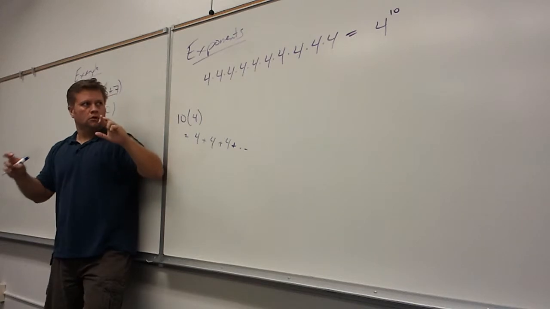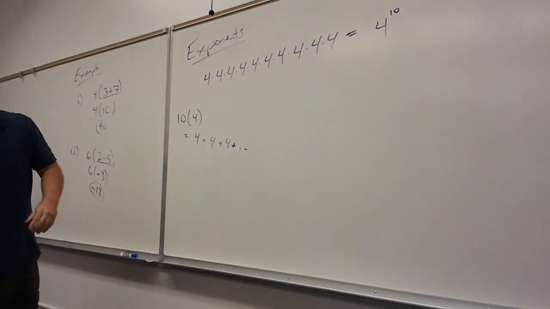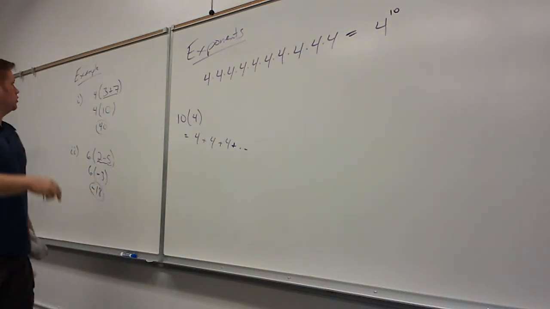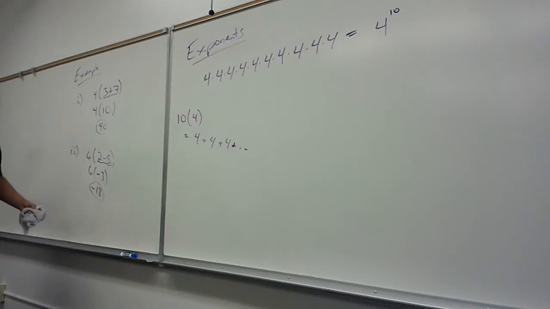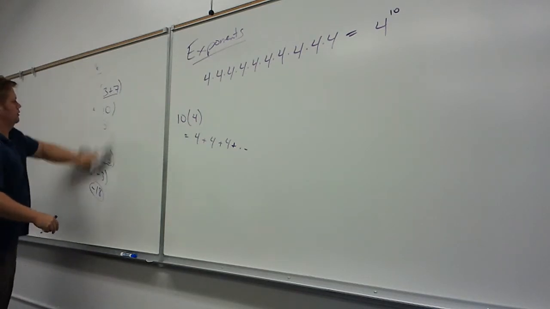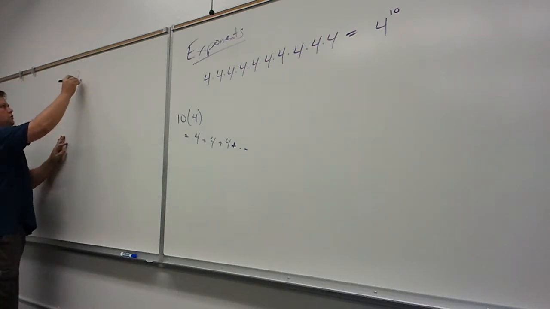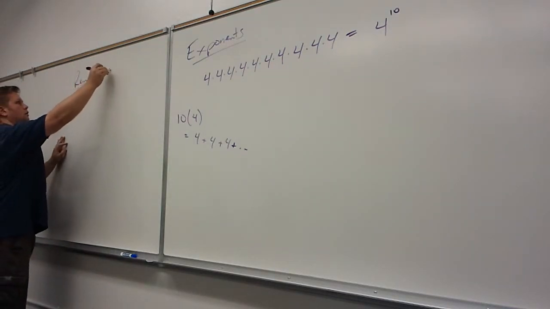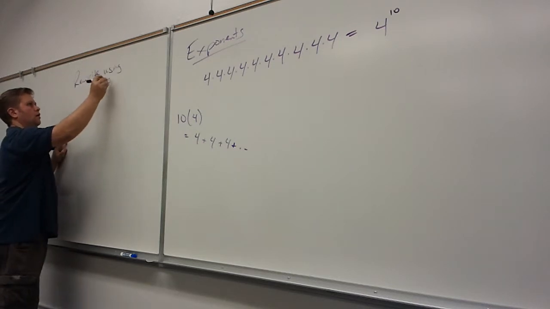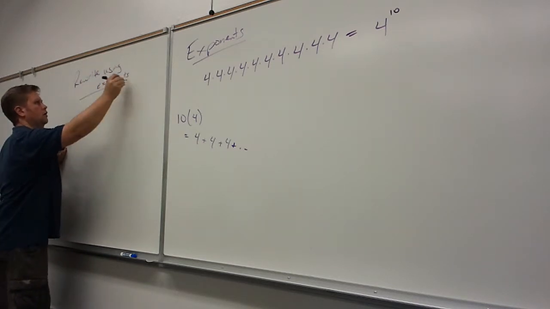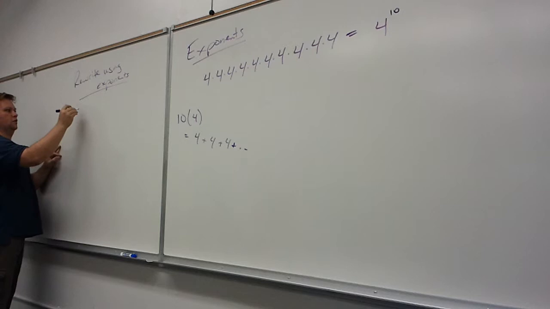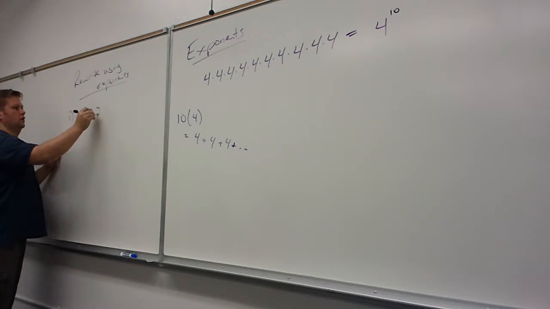Cool. Okay. So how do I rewrite, well, there's two of you guys, rewrite using exponents. Something like this. Let me give you something just a little more interesting here.